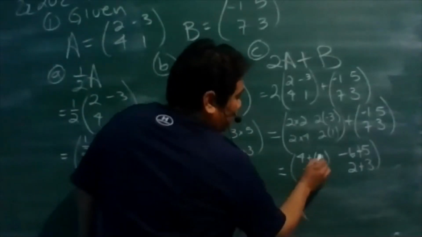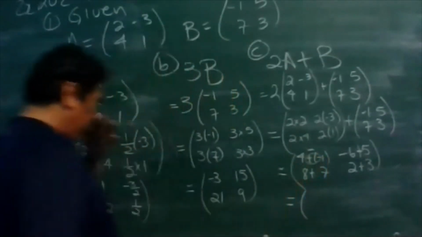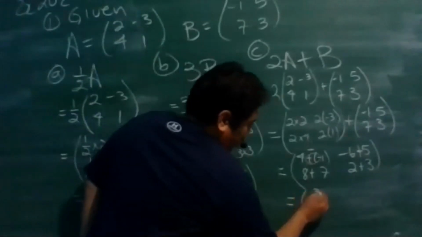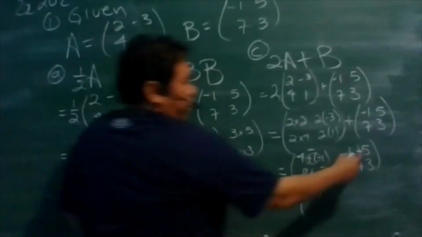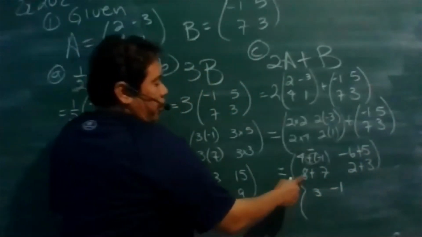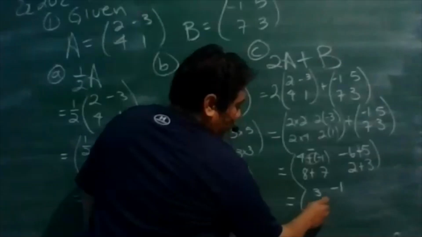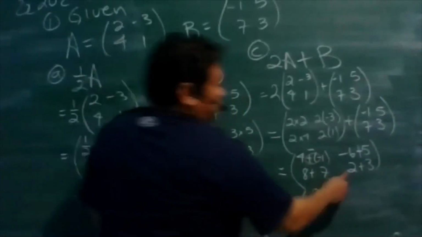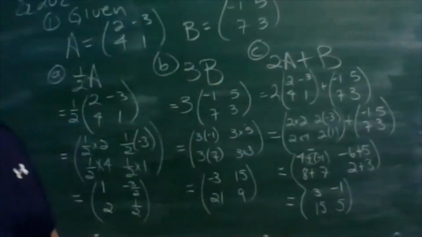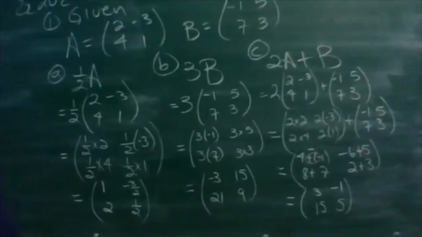Obviously, a positive times a negative is a negative, giving me 4 minus 1, which is 3, 5 minus 6, which is negative 1, 8 plus 7, which is 15, and 2 plus 3, which is 5. So the answer for 2A plus B is (3, -1, 15, 5).